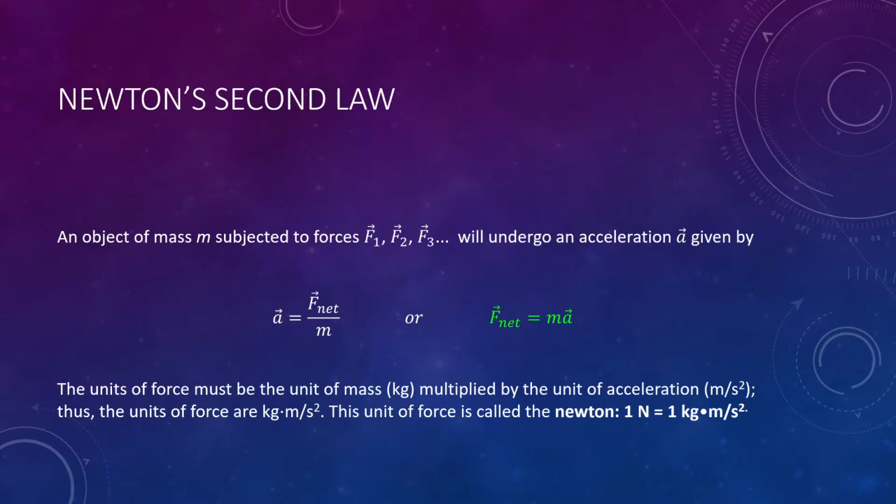So, combine the two, you have a kilogram times a meter per second squared. That is the unit of force, a kilogram meter per second squared. But that's kind of ugly, and we don't like to work with that most of the time, so we just give it a new name. We call a kilogram meter per second squared a Newton, or 1 N. This is what we use as the unit of force, the Newton.